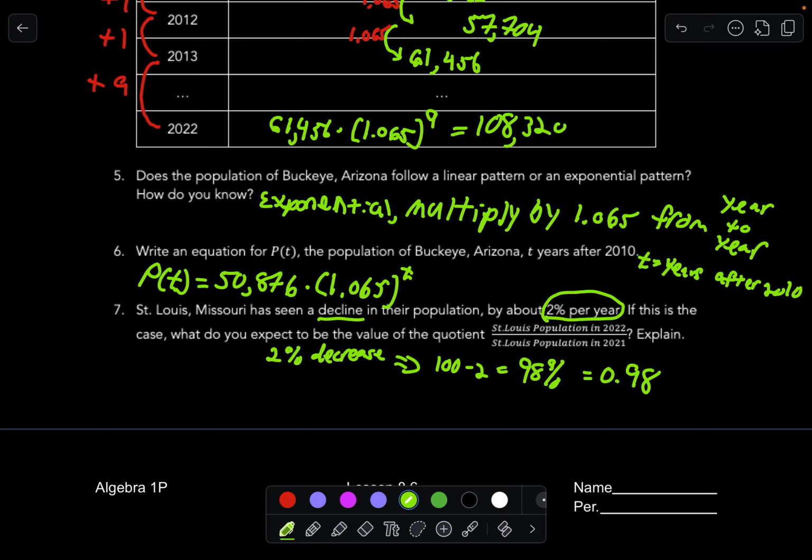So if the population goes down by 2%, then 98% remains. I wrote it above of the 2021 population.